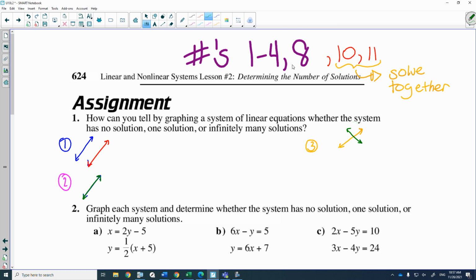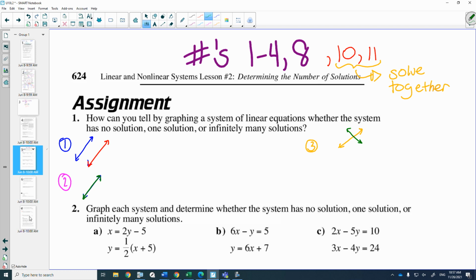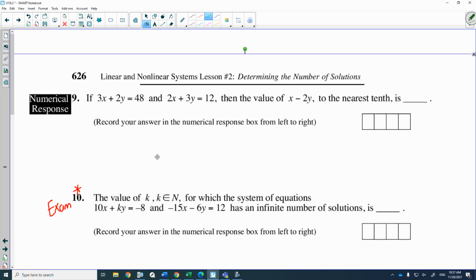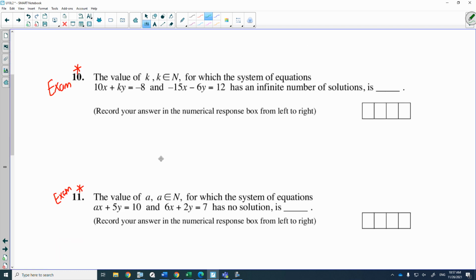So 1 to 4, number 8, 10 and 11, I would say would be the standard of excellence questions. So we will solve those 2. And then I'll give you the rest of the time just to get the other homework questions done.